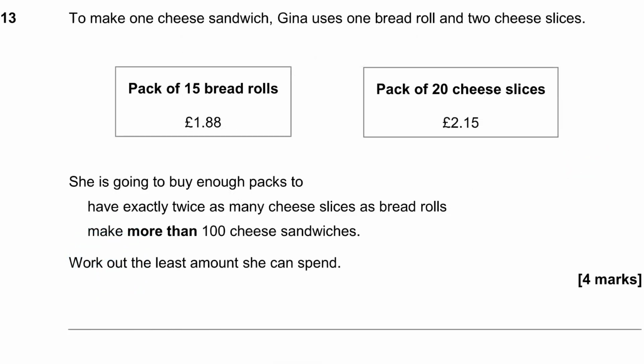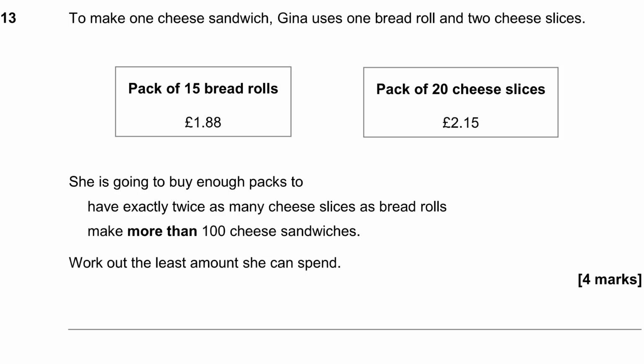Question 13. To make one cheese sandwich, Gina uses one bread roll and 2 slices of cheese. She's going to buy enough packs to have exactly twice as many cheese slices as bread rolls, and she needs to make more than 100 cheese sandwiches. Gosh, that's a lot of cheese sandwiches. So work out the least amount she can spend.